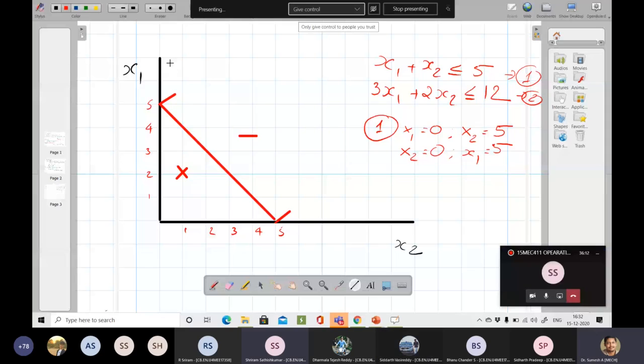If it is a less than sign, the area you have to select is towards your origin. So now this is your feasible region, the feasible region for constraint number 1.